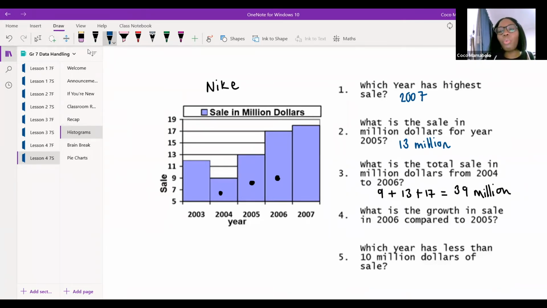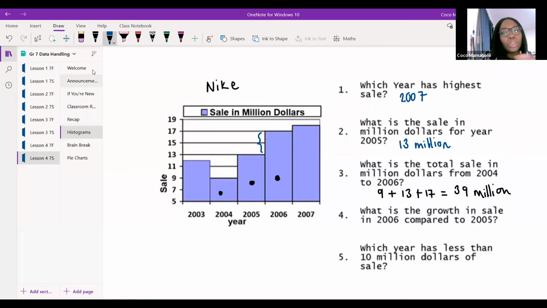All right, so what is the growth in sale in 2006 compared to 2005? So we want to know the difference between 2006 and 2005. What is the difference here, guys? How much is it, Buhle? Or let me ask Adam rather. Buhle, I think you have all the answers. Let's see if Adam can answer this one for us. Thank you, Buhle.